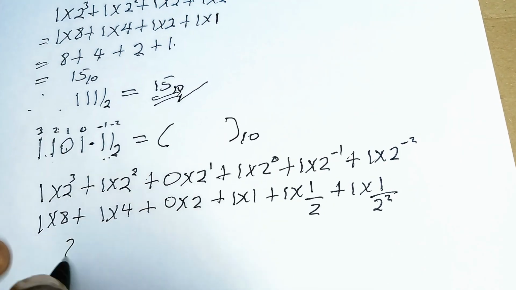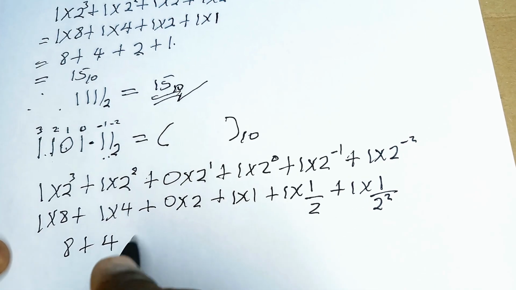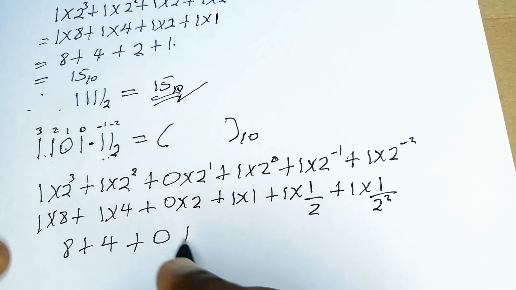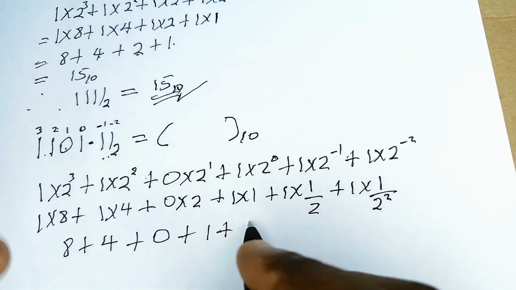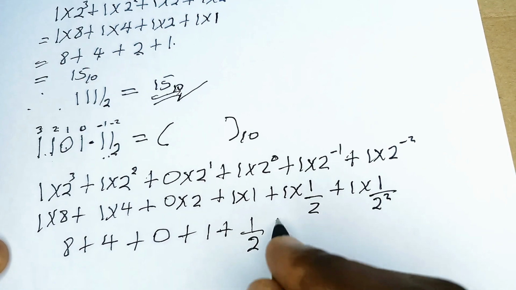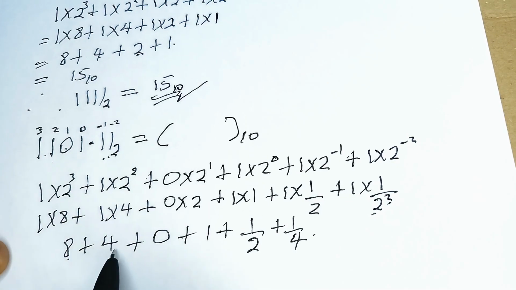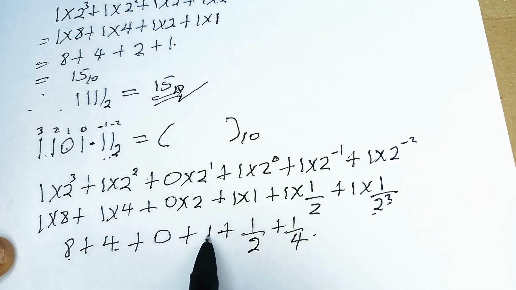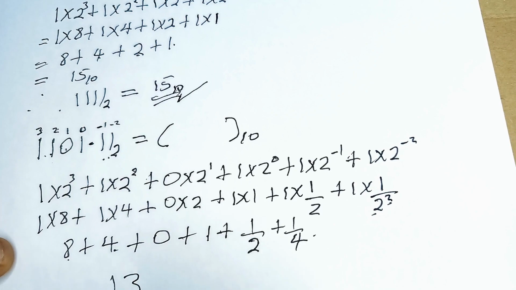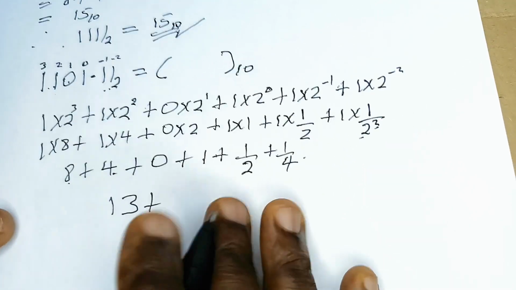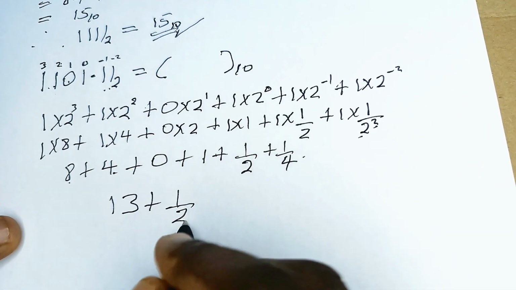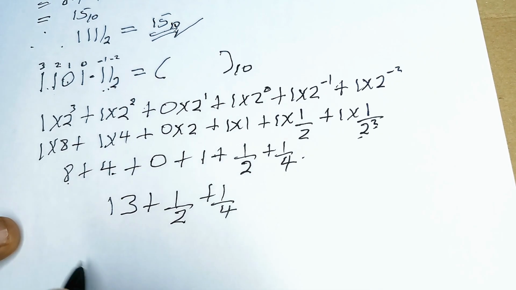Now 1 times 8, that should be 8, plus 4 plus 0 plus 1 plus 1 over 2 plus 1 over 4. 8 plus 4, that's 12. 12 plus 1, that's 13. So we have 13 plus 1 over 2 plus 1 over 4.